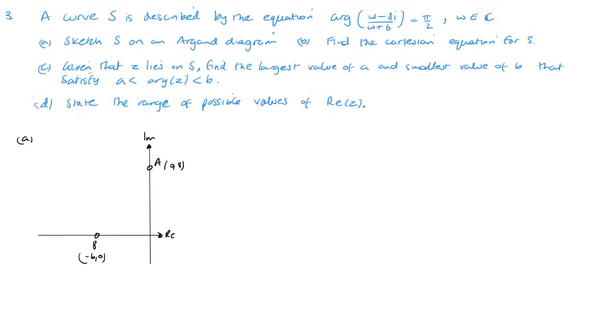Okay, and then this argument equals π/2. So knowing that, it is going to be a semicircle, going from 0, 8 anti-clockwise to −6, 0. So this is going to be our semicircle here.